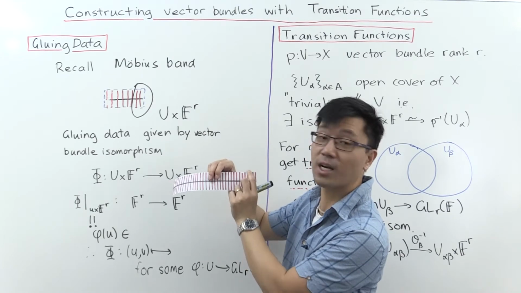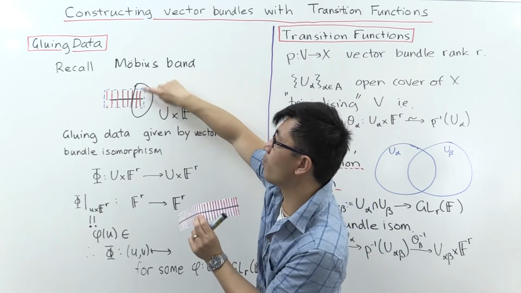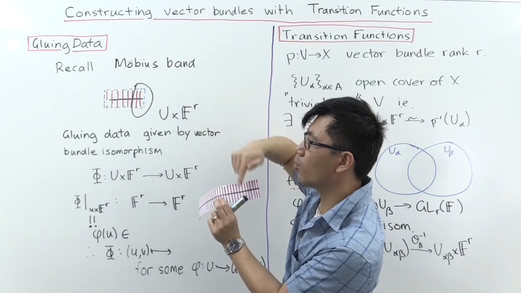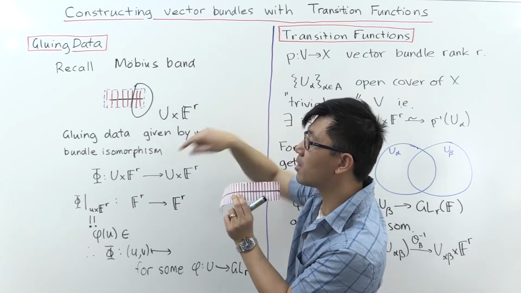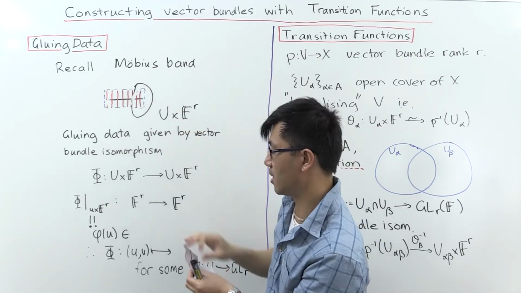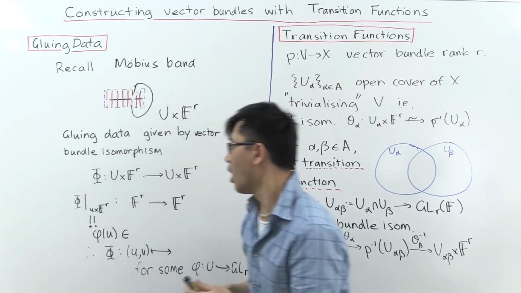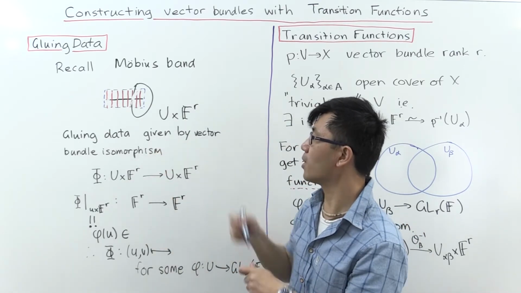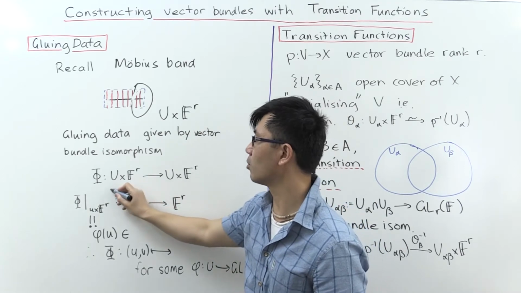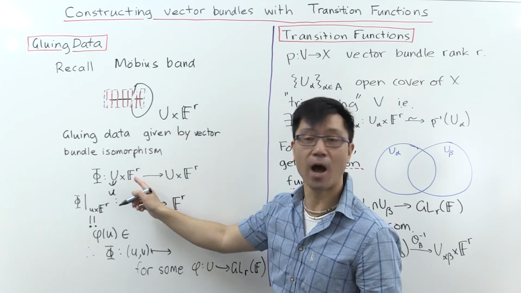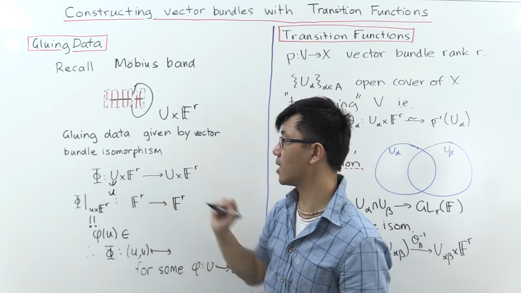So each of these red lines has to be identified with a red line over here. Okay, so each of the fibers here, which corresponds to a vector space in your family of vector spaces, gets identified with one of the vector spaces over here. Okay, so let's look at that. Let's fix some little u inside this U, some little u inside here, and look at the fiber above this little u here.